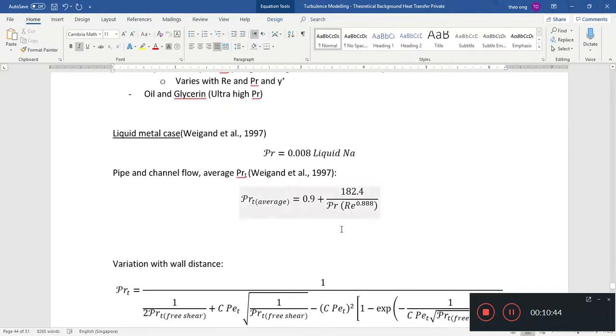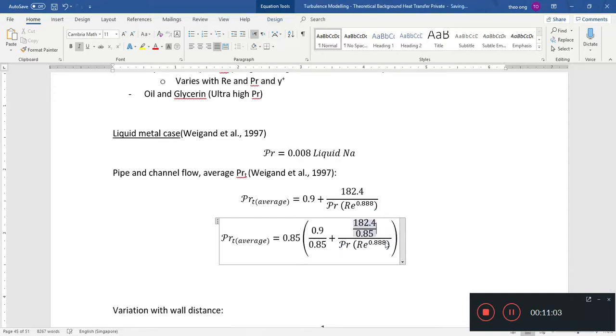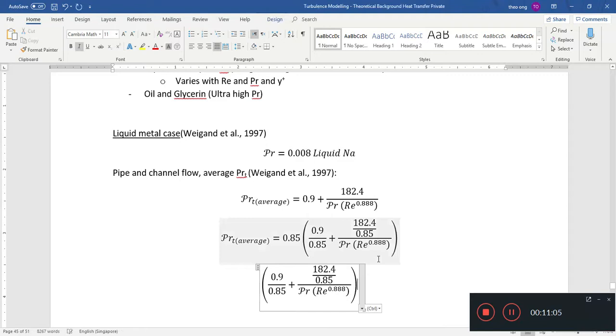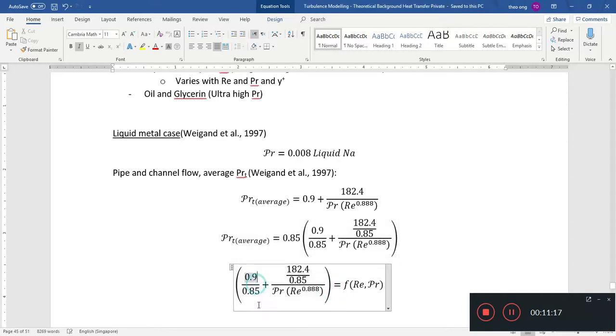One of the ways you can extract that out is you have this 0.85, you bring it out, and then you divide the inside by 0.85. So this thing becomes F of the Reynolds number and Prandtl number. This is an empirical model, but this is one of the ways you could find it.